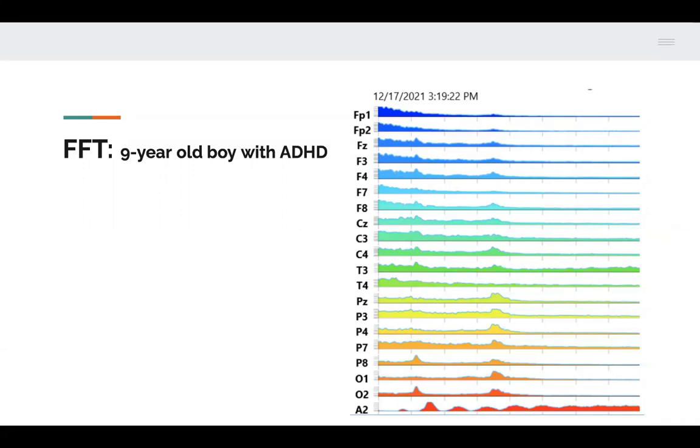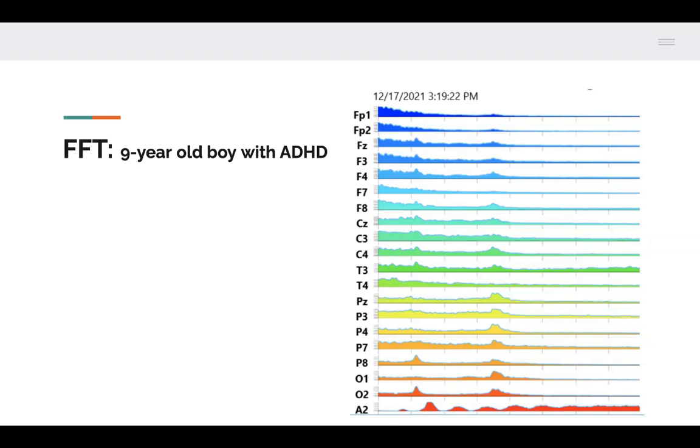Those seem to be less in signal than the others. And you can see that this boy, from 0102 to the very top, loses his signal a little bit at FP1 and FP2.